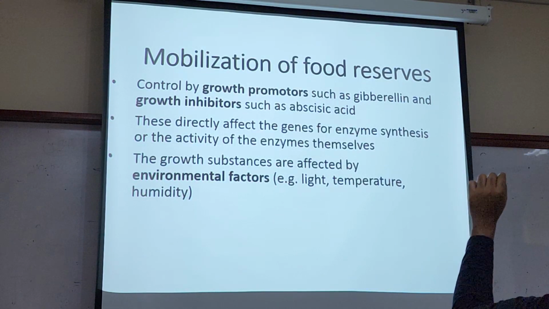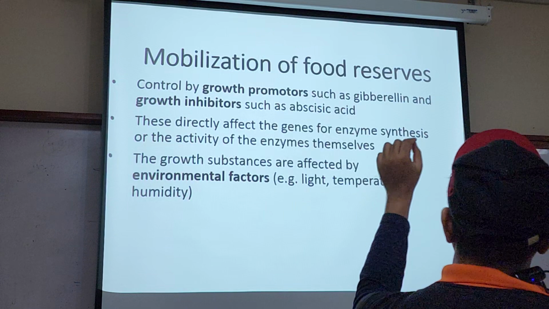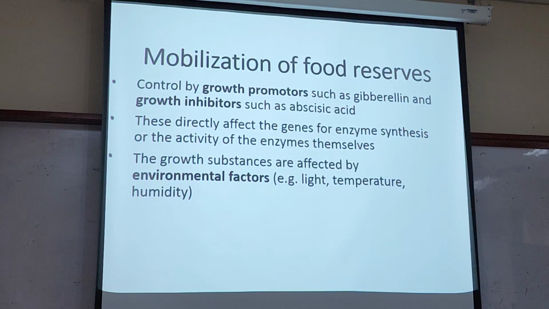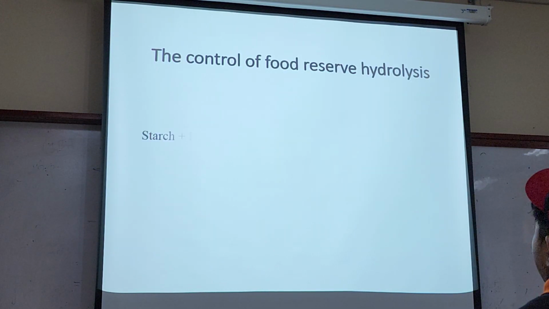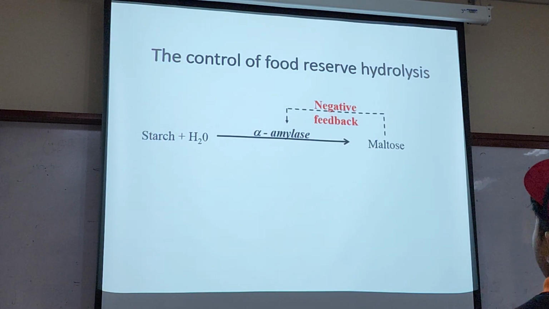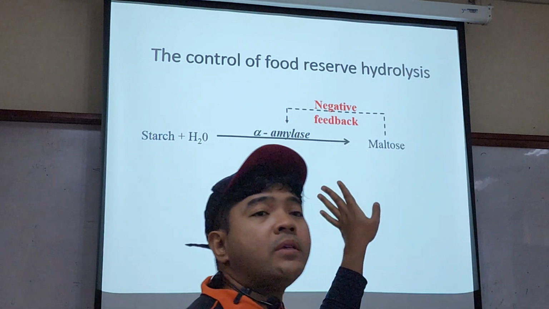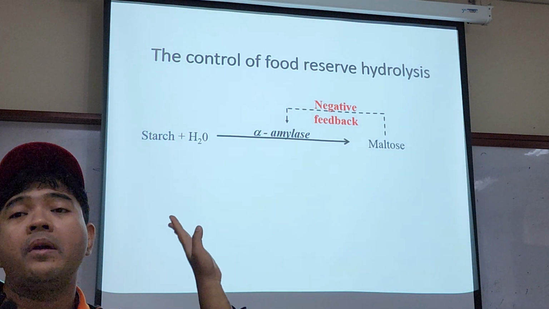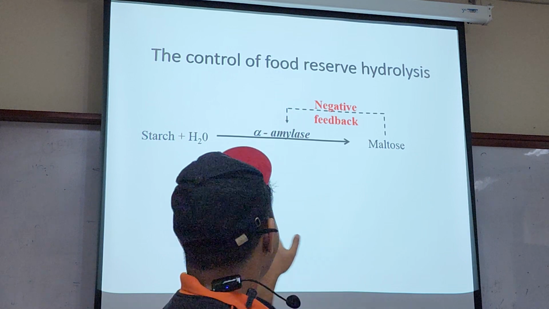So for the mobilization of food reserve to happen, a set of enzymatic reactions needs to happen in sequence, and then you're going to see that. So we got starch. Starch is a complex molecule which is present in abundance in endosperm.